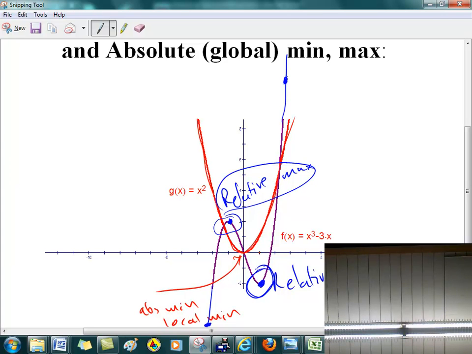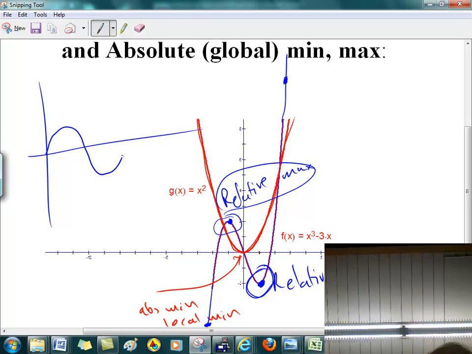Mona, question? So if you had a graph like that, all the higher points would be relative. Well, yeah, it depends. For example, with a sine function like this, you can see that these are relative and global because there is no y value bigger than that.